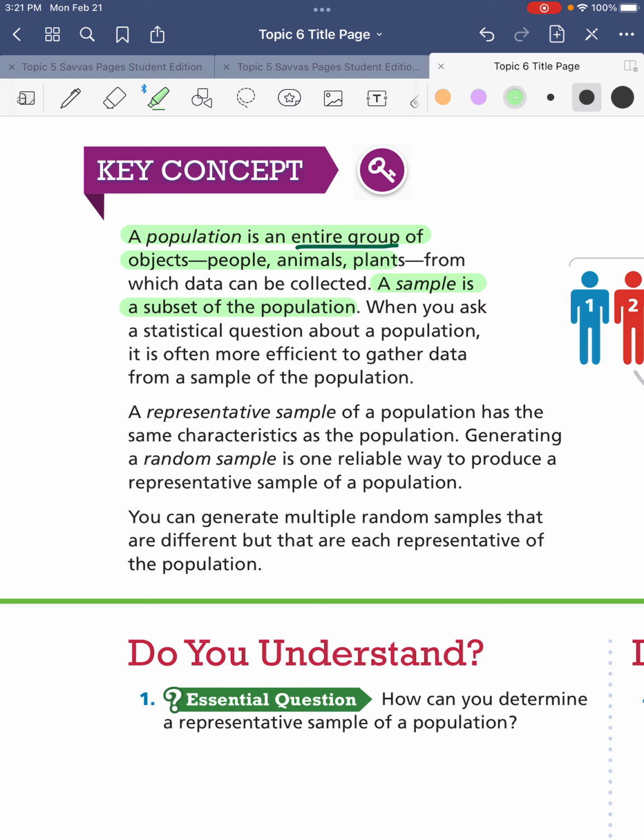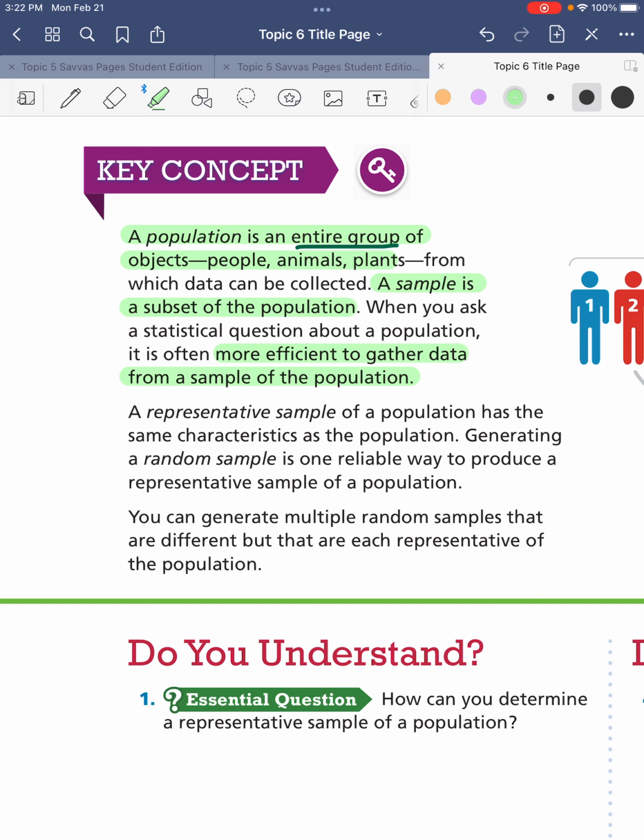When you ask a statistical question about a population, it is often more efficient to gather data from a sample of the population. More efficient means you're going to save time and you're probably going to save money as well. Okay?